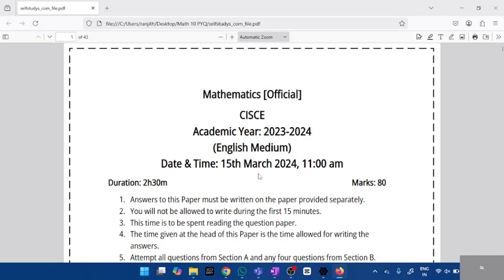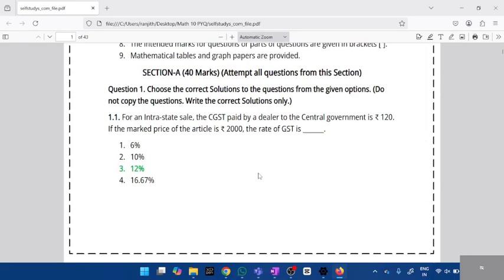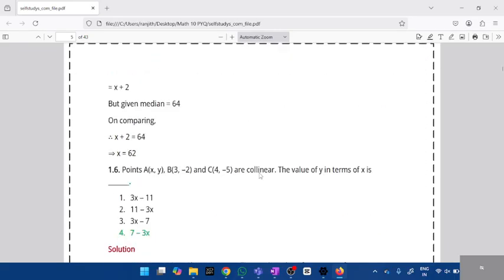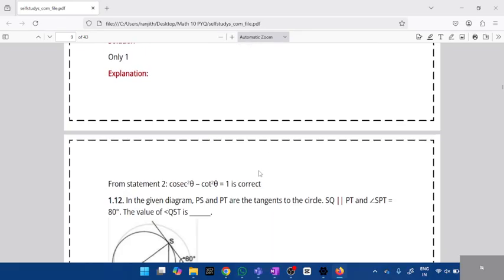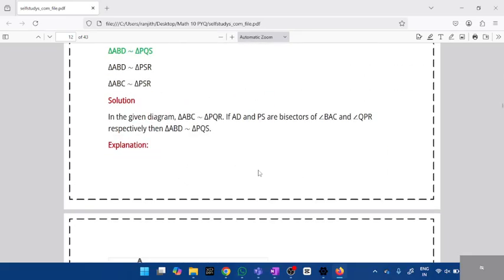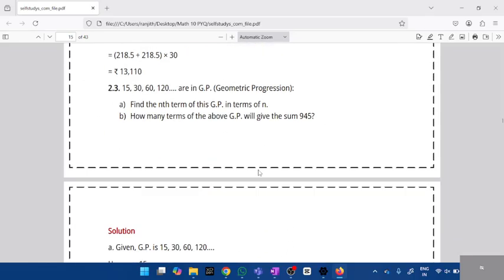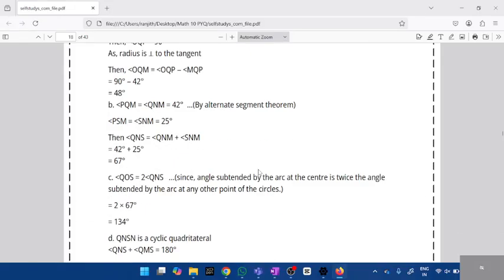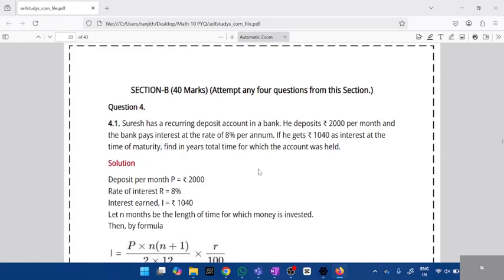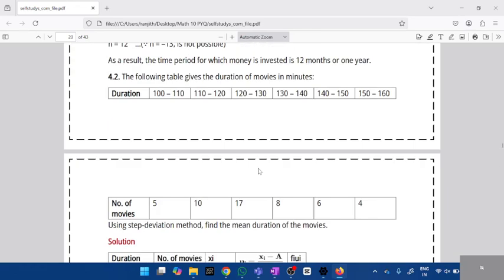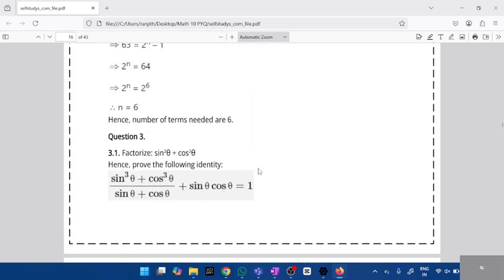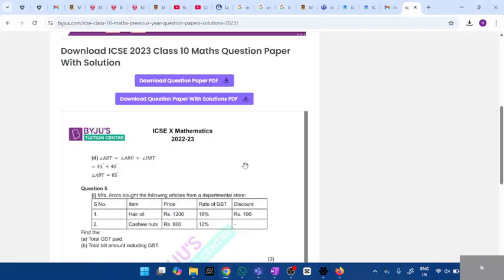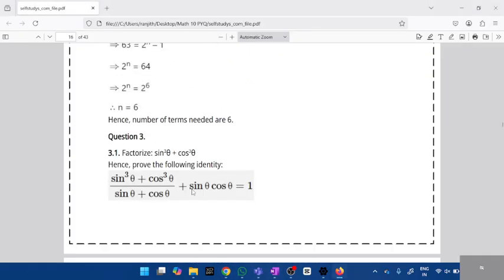Okay, complete this, students. 1 minute. Question 5 given.